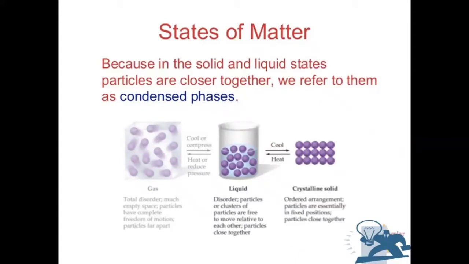Because in the solid and liquid states, particles are closer together, we refer to them as condensed phases. Yung particles ng solid and liquid, we refer to it as condensed phases.